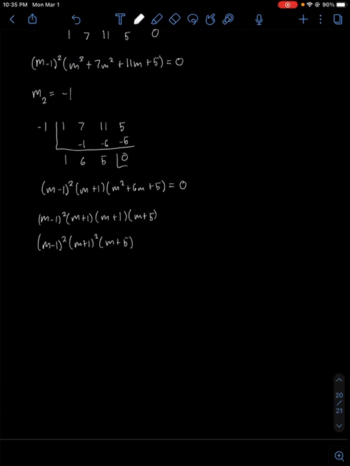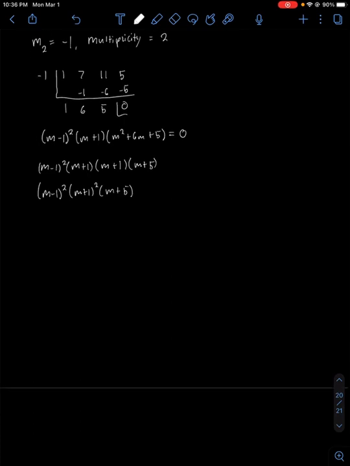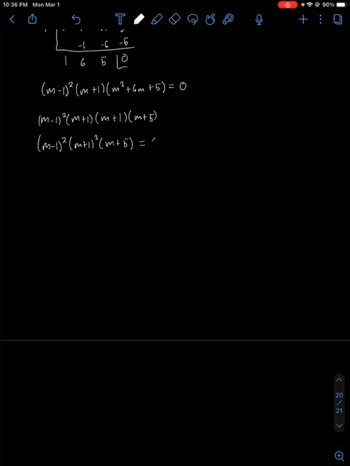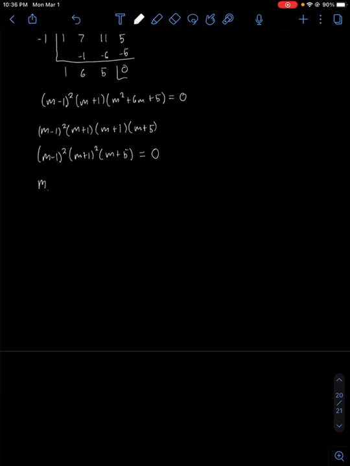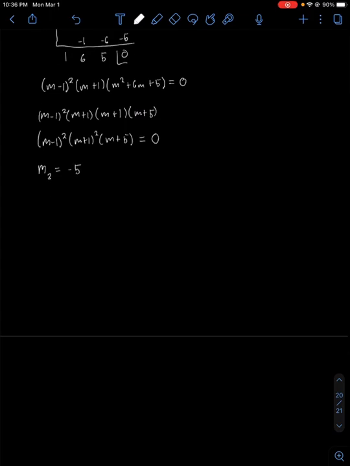So that is multiplicity equals 2. And this whole thing is equal to 0, which means the last m3 is equal to minus 5.